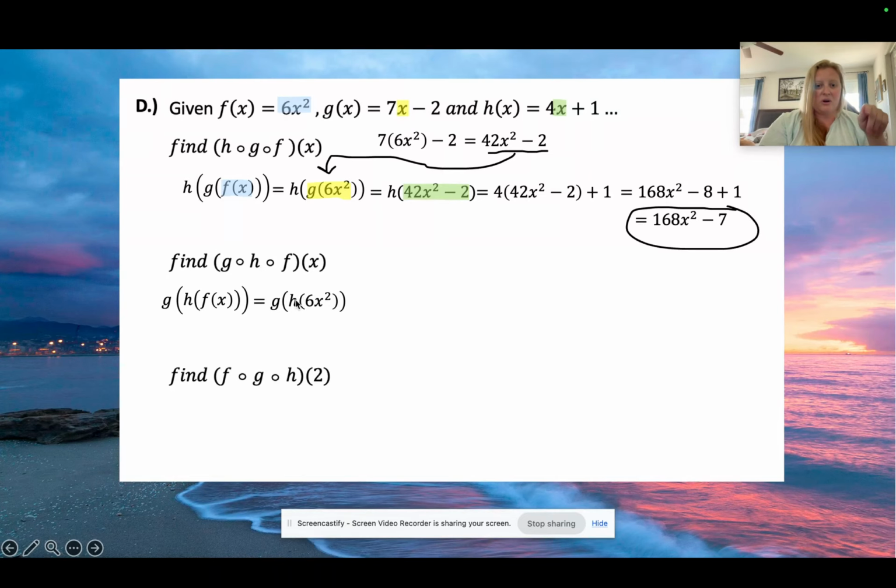Then I'm going to focus on the h formula next. I need to do h of 6x squared. So I'm going to take that 6x squared and put it in x's spot in the h formula. So it would read 4 parentheses 6x squared plus 1.